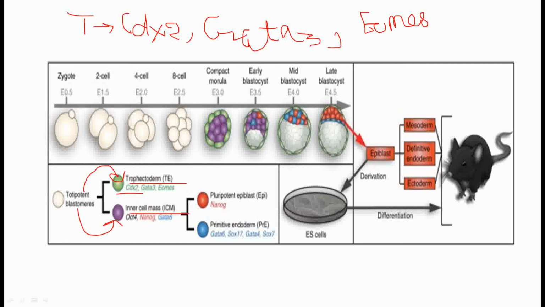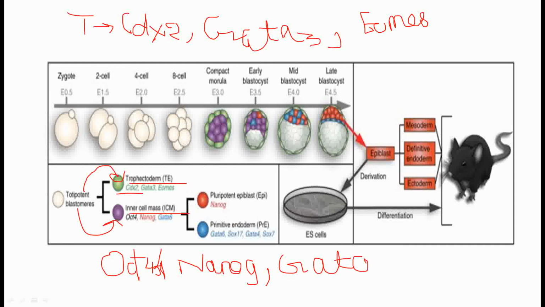These are for the trophoectoderm cells, and the signaling pathway for inner cell mass includes OCT4, NANOG. I am writing because the visibility of this part is low. And next for the inner cell mass is GATA5. Guys, you can take a screenshot of these signaling components.